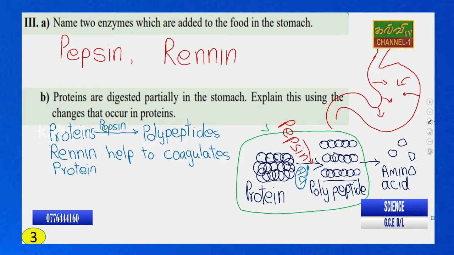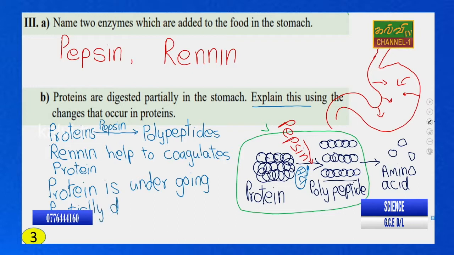So these are the functions that occur. We have to mention that protein is undergoing partial digestion in the stomach.